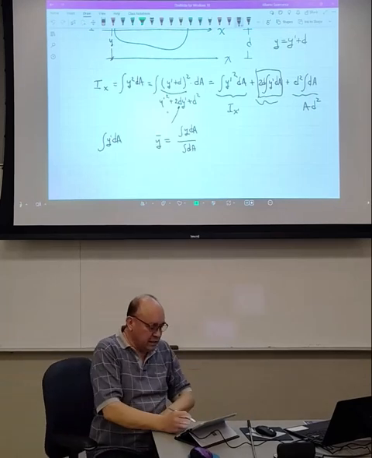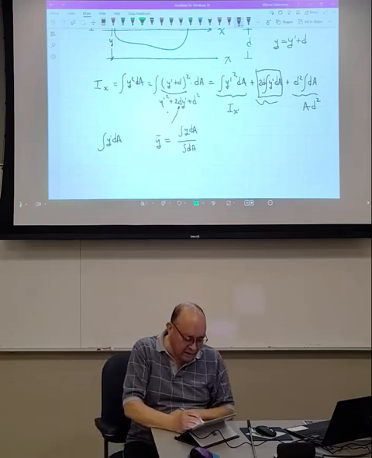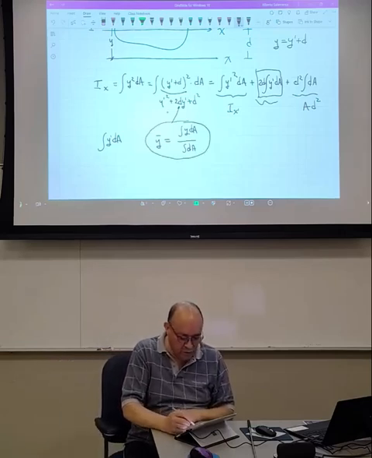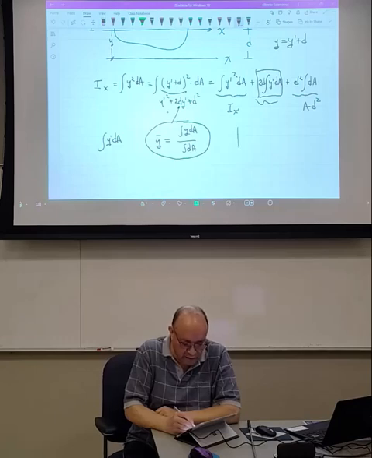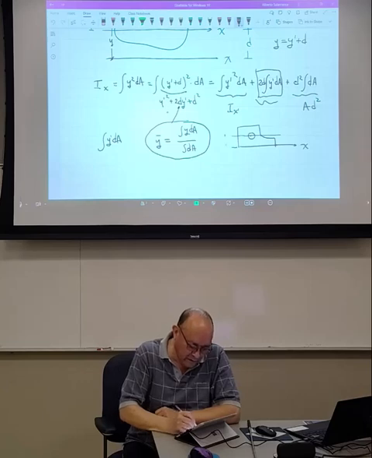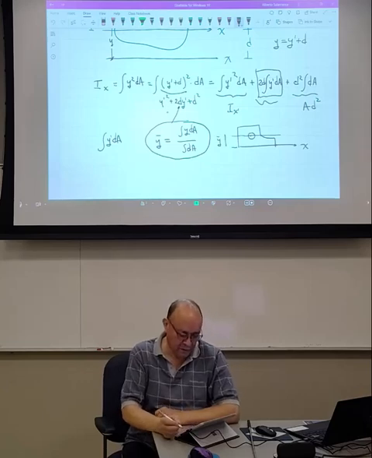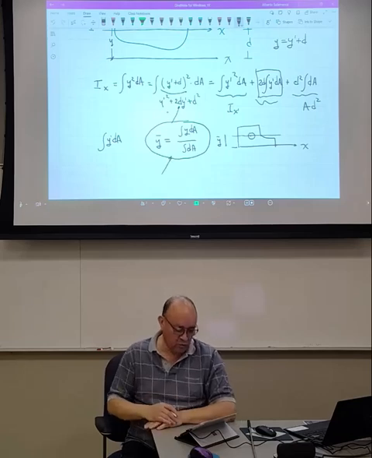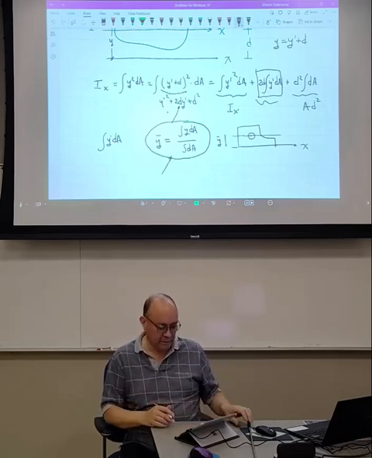So this equation will give you, let's say you were trying to calculate the centroid of this figure, and this is the x-axis, and the centroid is over here. This distance we call y bar, and you use this equation to calculate the distance y bar, right?